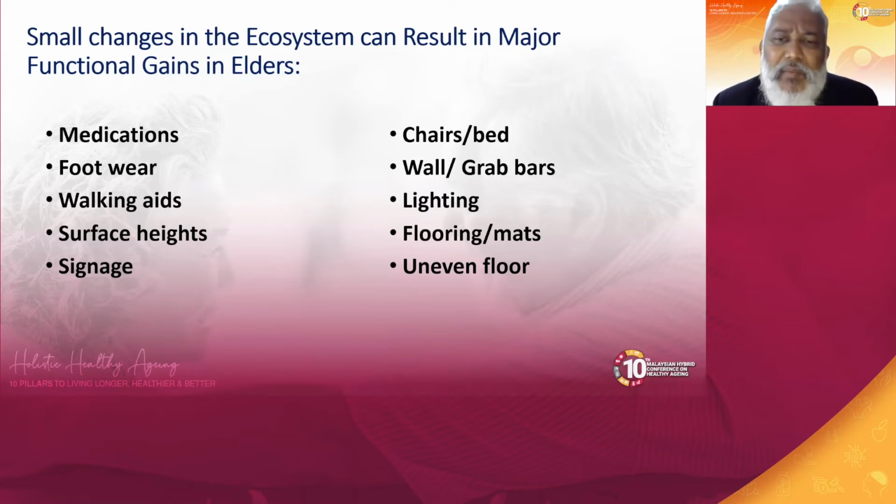The chairs and beds they are using, the grab bars, a simple grab bar, which is very helpful to prevent falls, the proper lighting, enough lighting system, the best flooring for them, and also to make sure as much as possible the floors are even.